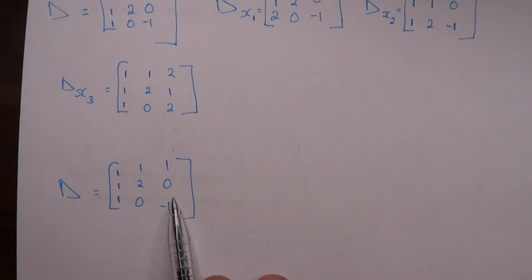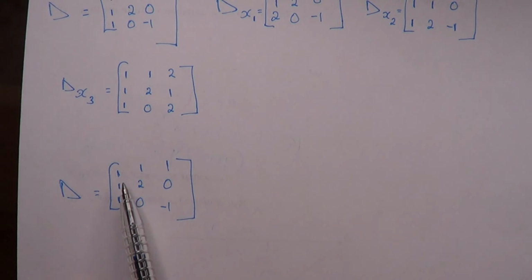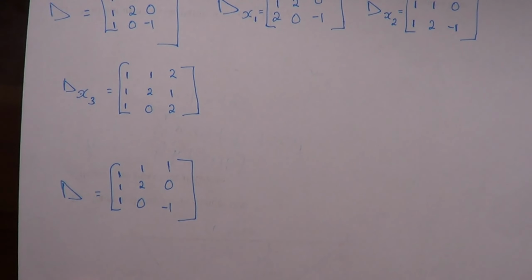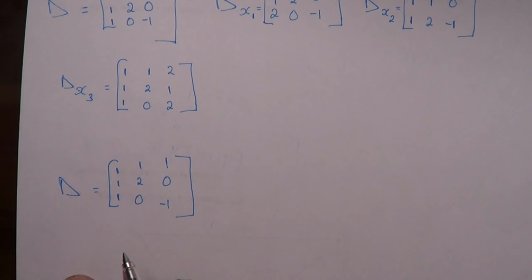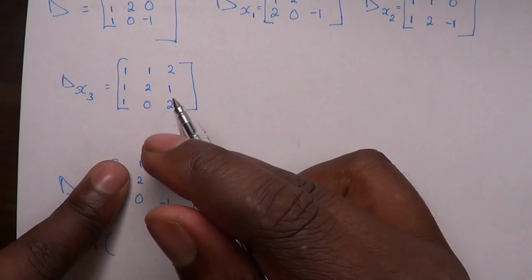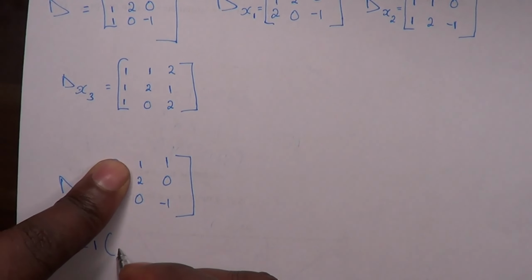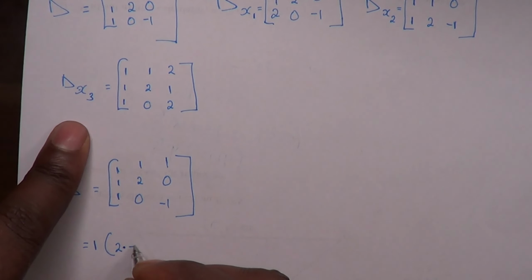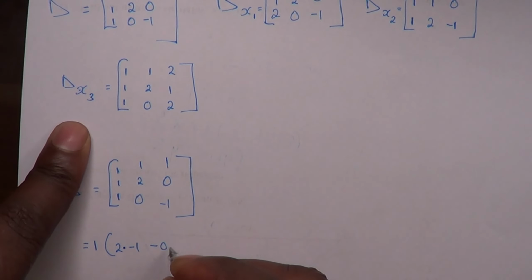Finding the determinant of this one, because I have shown you how to find the determinant from the previous video, it will be 1 into the minor, that is 2 times negative 1 minus 0 times 0.